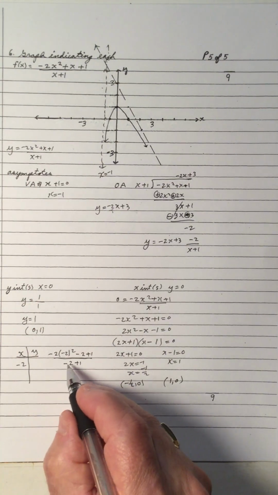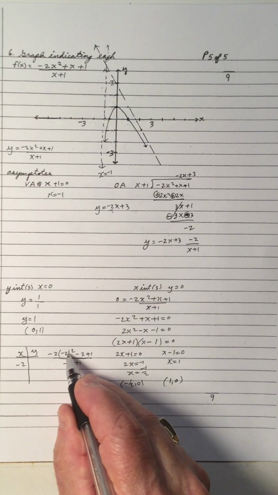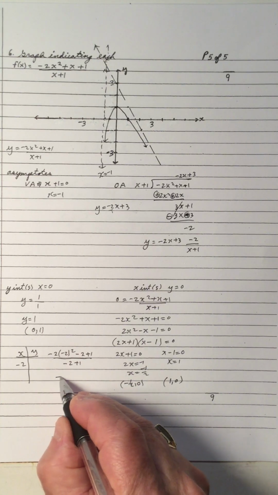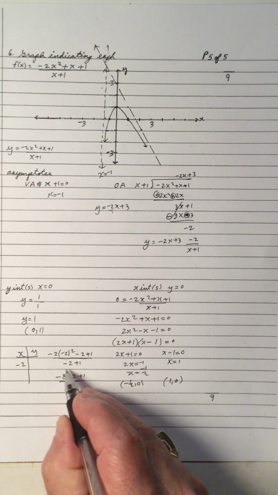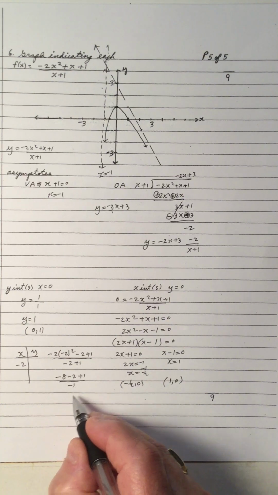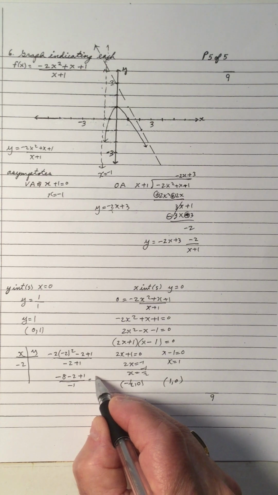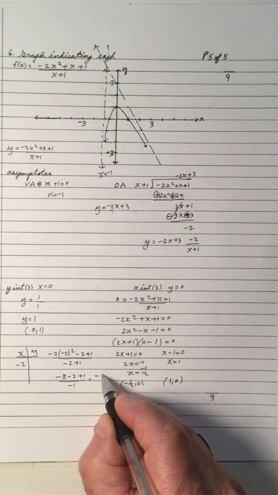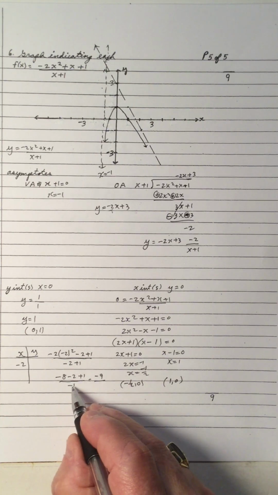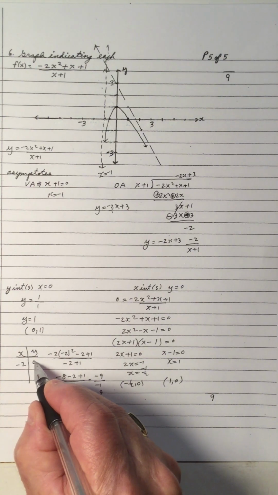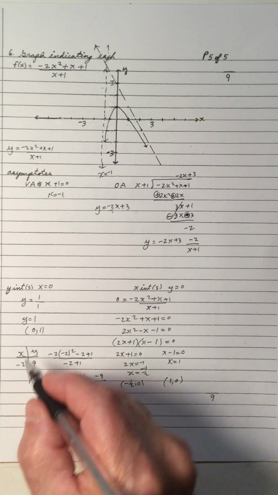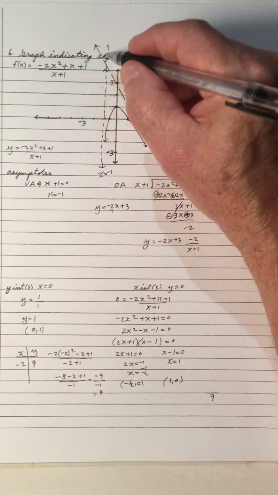So I'm going to simplify. I'm going to square first, which is 4. Multiply is negative 8 minus 2 plus 1. Simplify, negative 1. So that gives us negative 10. That's a negative 9 on the numerator. Negative 1, so that's a 9. So when x is negative 2, y is 9.